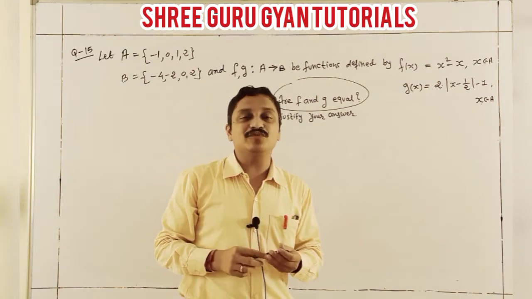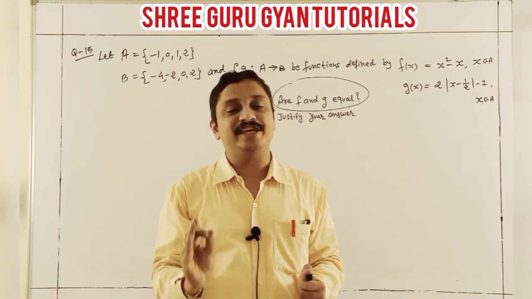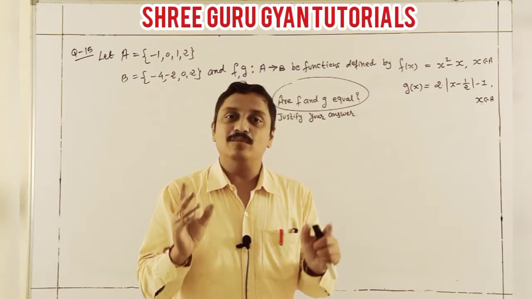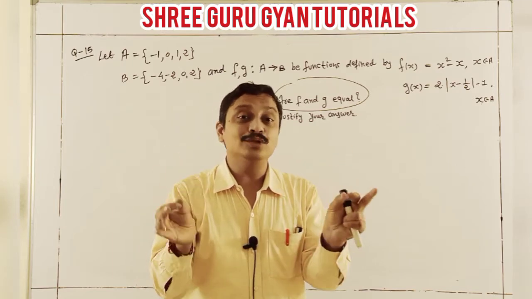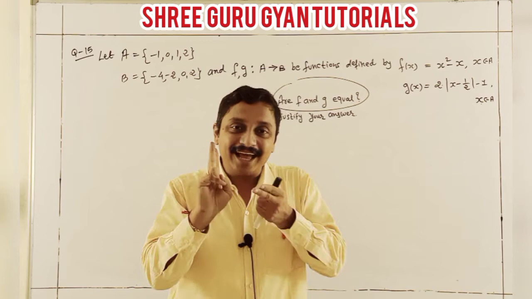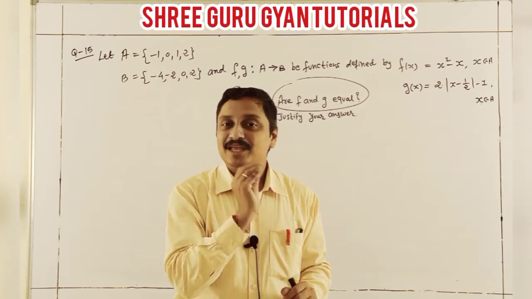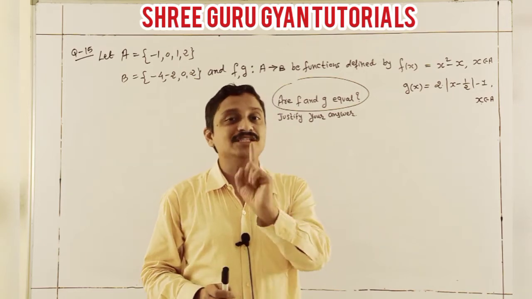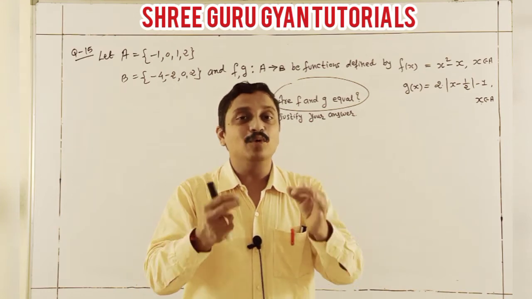When are both functions equal, students? If you have functions f and g, both with the same domain and both with the same range, then the functions are equal. Again, repeat. If you are proving or checking that functions are equal, you necessarily check that both domain are the same and both range are the same.